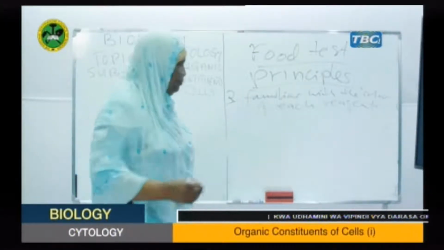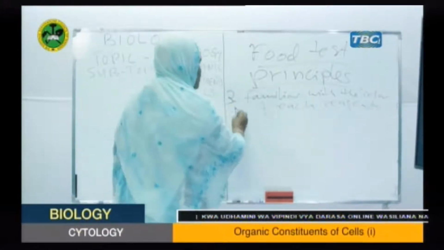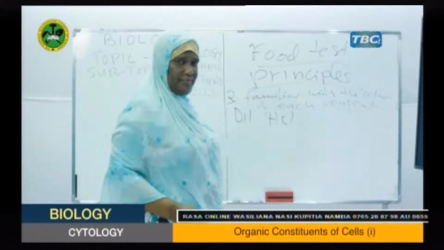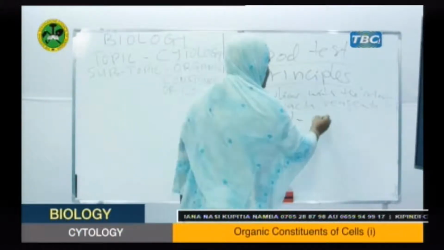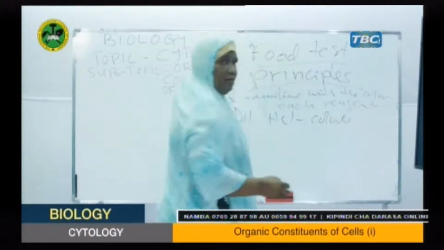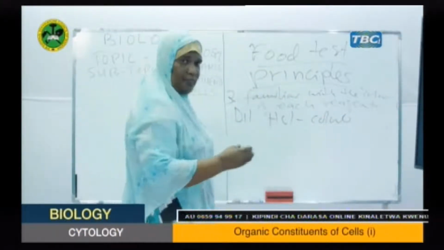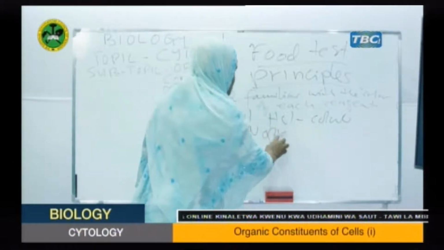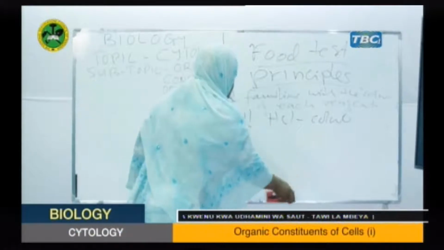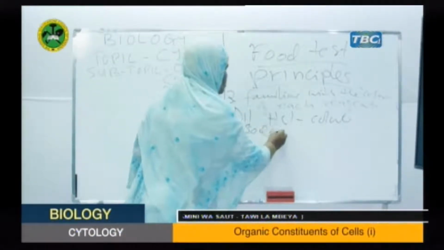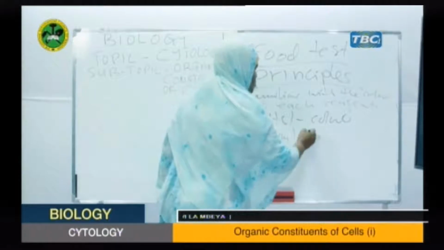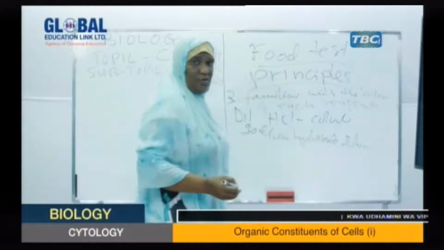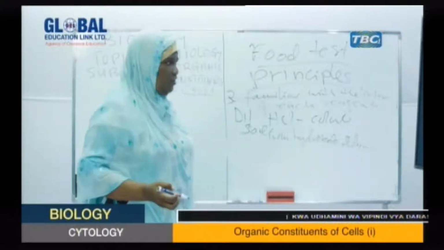For example, the color of dilute hydrochloric acid, that is colorless. The color of sodium hydroxide solution, which is also colorless.